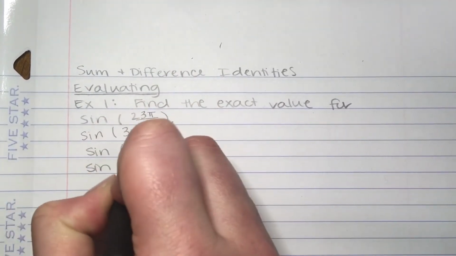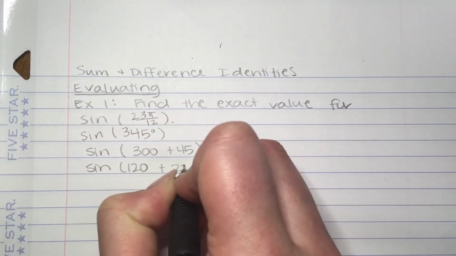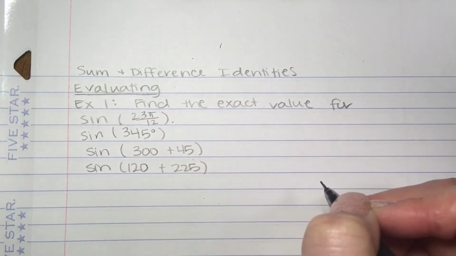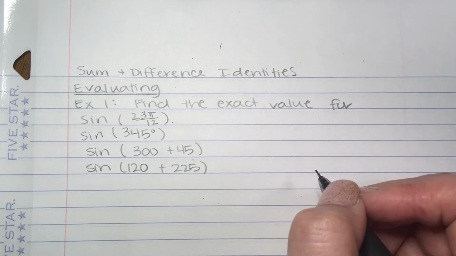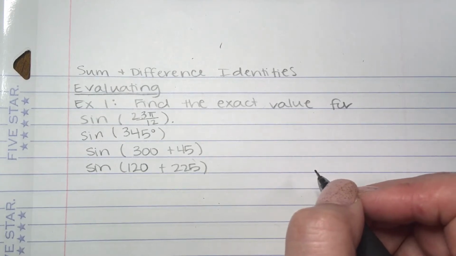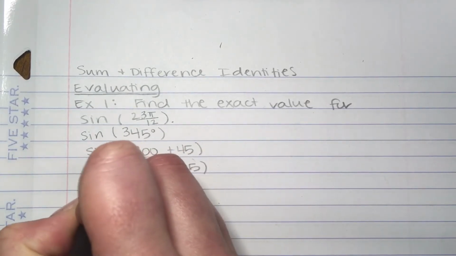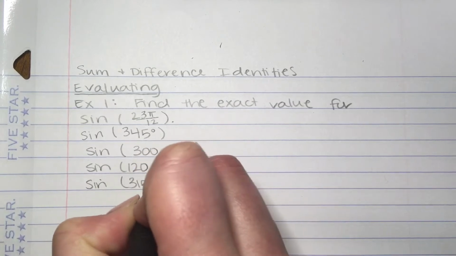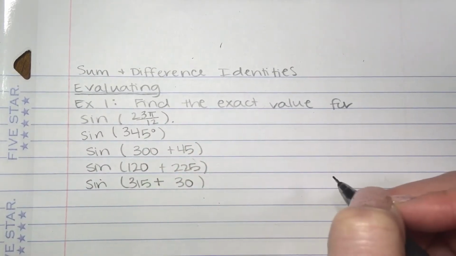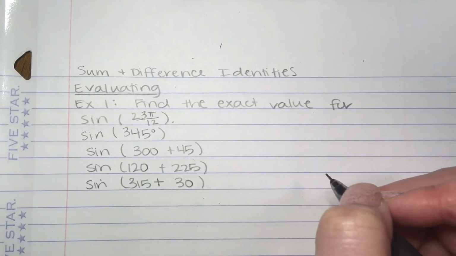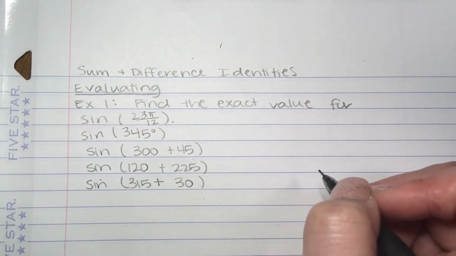We could have sine of 120 plus 225. There's gotta be more. Ooh, 315 plus 30. Sine of 315 plus 30. That would work. Sine of 345.